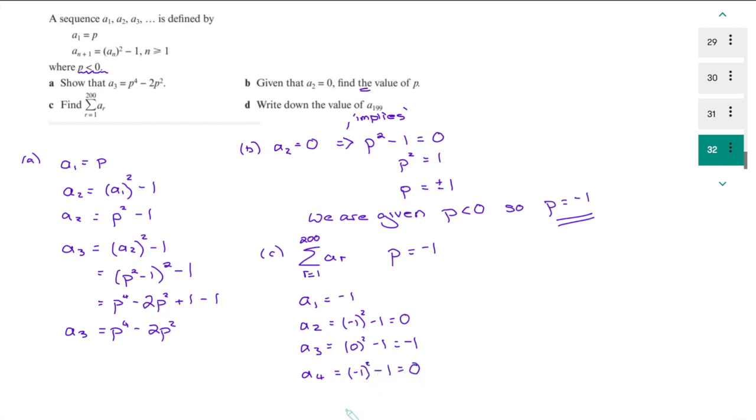So this is 0. I haven't introduced the name of this sort of sequence yet. So we're going -1, 0, -1, 0, -1, 0, and something like this that repeats. So I've got this repeating pattern over and over. This is called periodic.